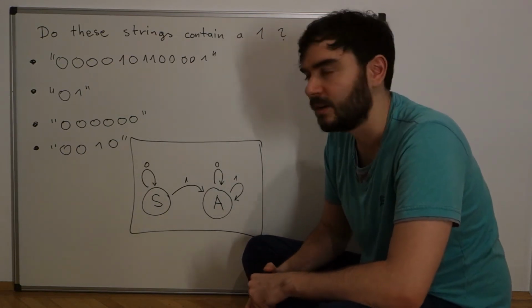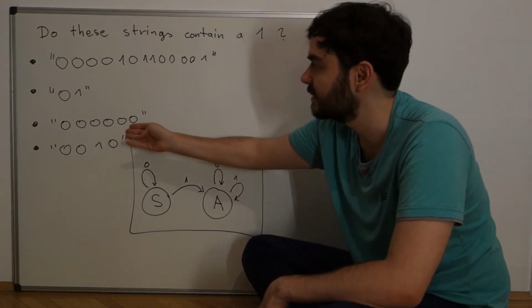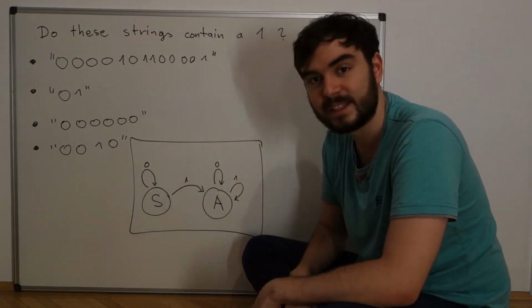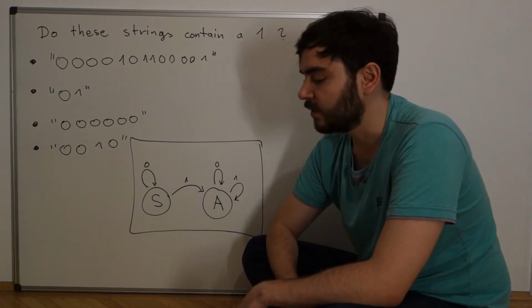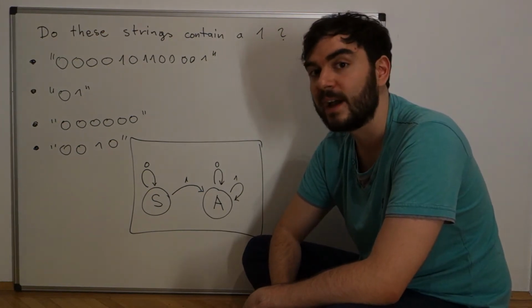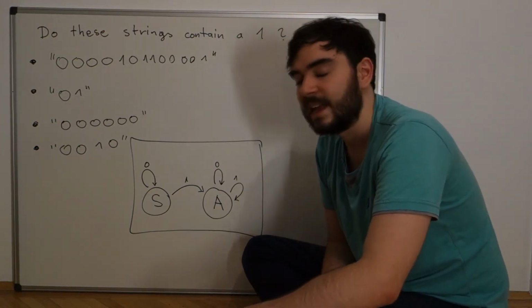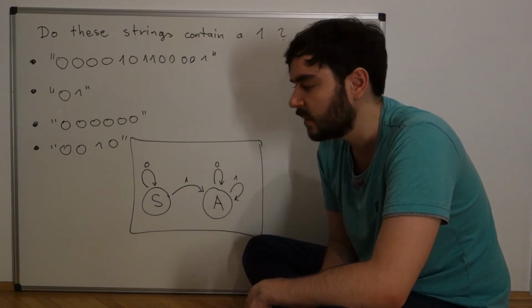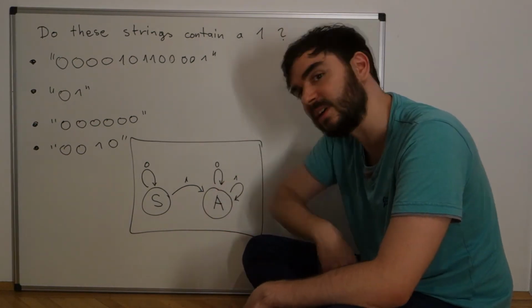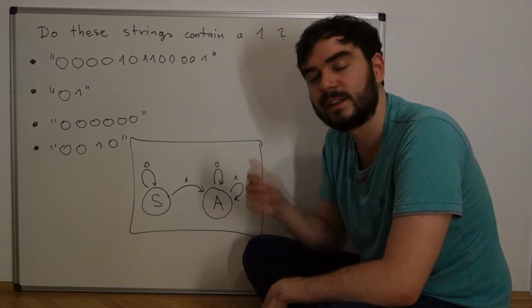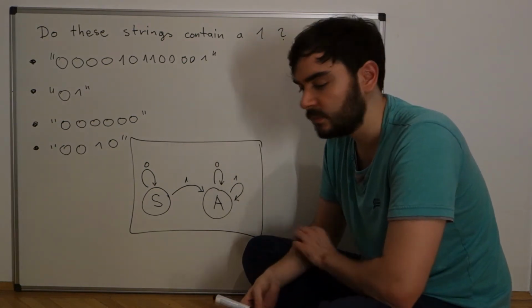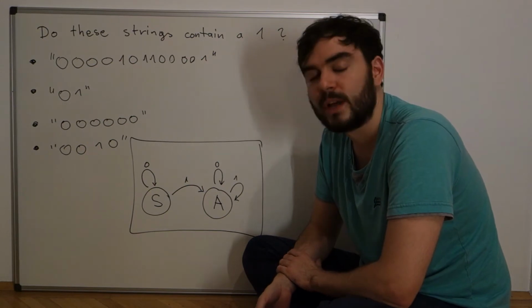Obviously, yes, yes, no, yes, that was easy. However, let's say you have a file of 10,000 symbols, and they are not just zeros and ones, but like 60 different symbols, and you cannot see at first glance whether they have a 1 or not.